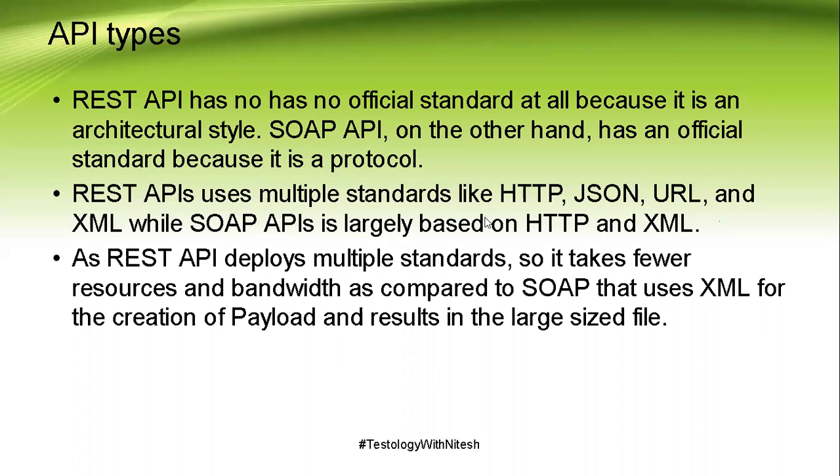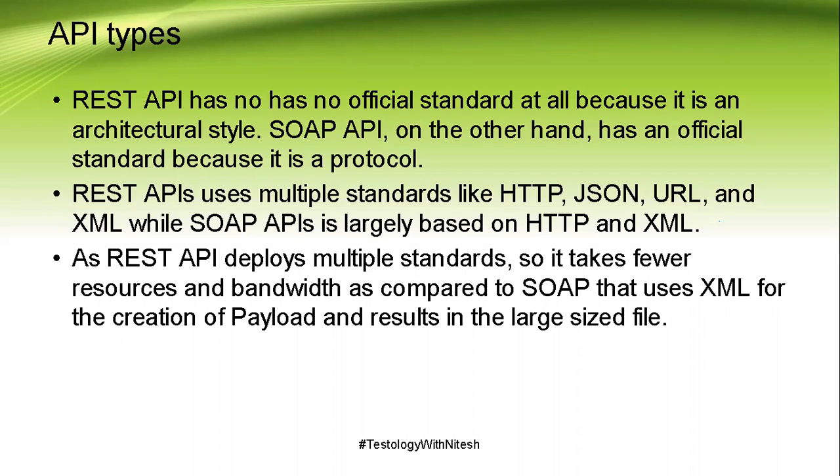So basically, it's easier to use REST APIs, right? As REST API deploys multiple standards, it takes fewer resources and bandwidth compared to SOAP. If you have a SOAP API in your product, then you might find that REST API is less complex than SOAP API.